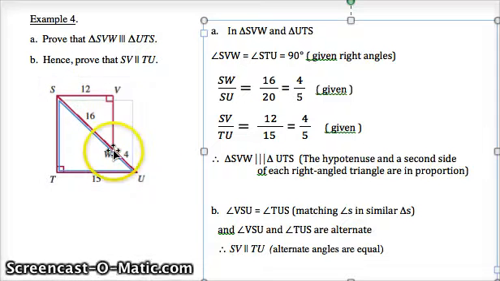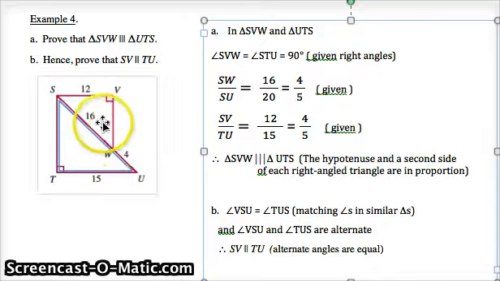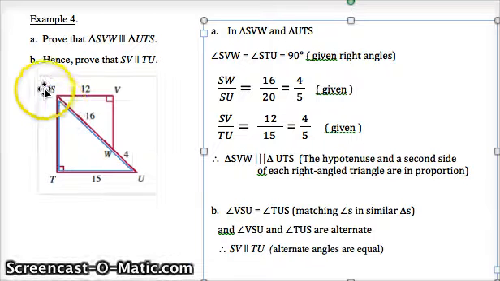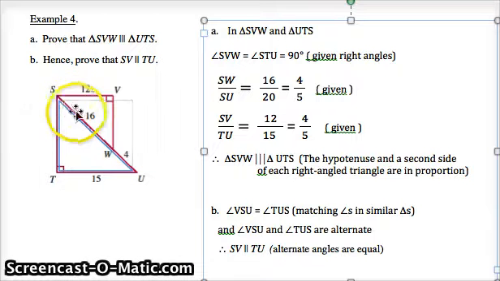So we can see that we've got the side length for SW, it's 16, and the side length for SU is 16 plus 4, which is 20. Hence we can say SW over SU equals 16 over 20. And then we can simplify that ratio by dividing the numerator and the denominator by 4, and we get 4 over 5. And we can write given because we were given the side lengths.